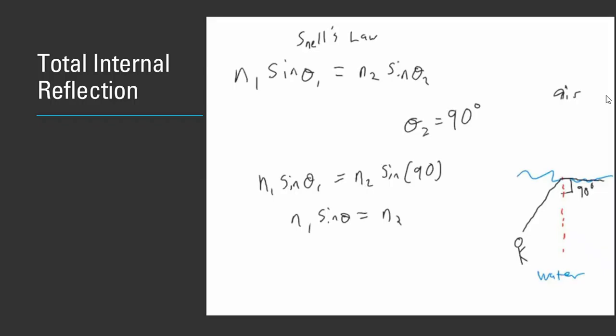If we take this picture on the right, we have a person in a swimming pool, they're in water, and that'll be one of the indices of refraction. Then above the pool, there's air, so that'll be another index of refraction. There will be an angle that they're looking out of the pool such that they won't be able to see out of the pool anymore.